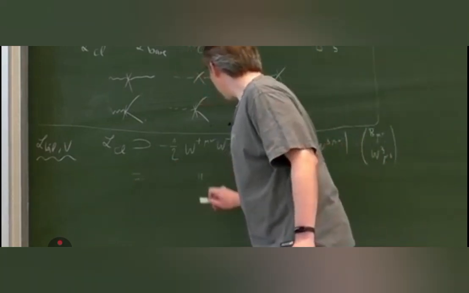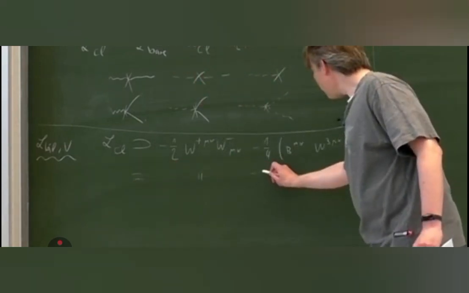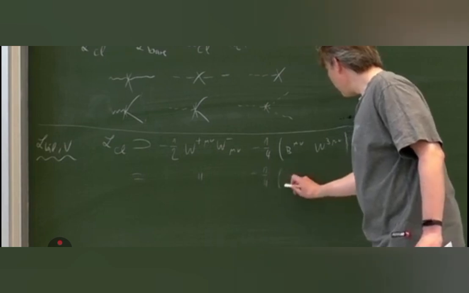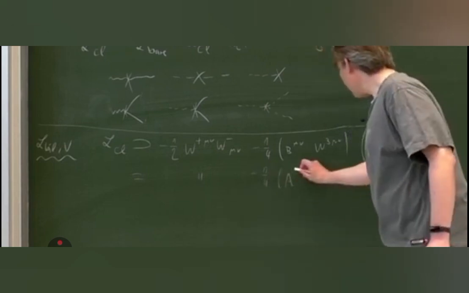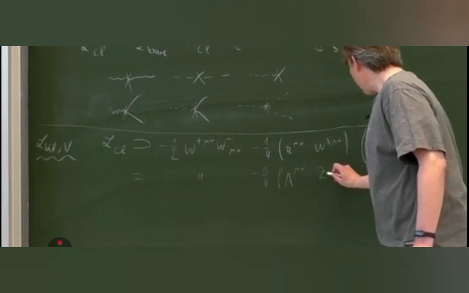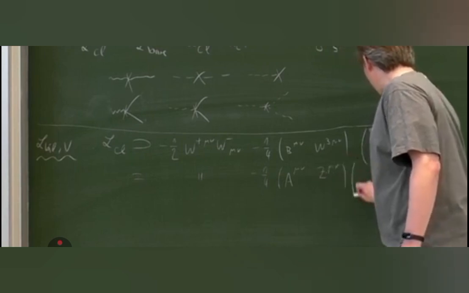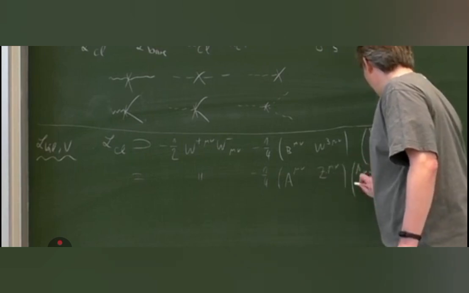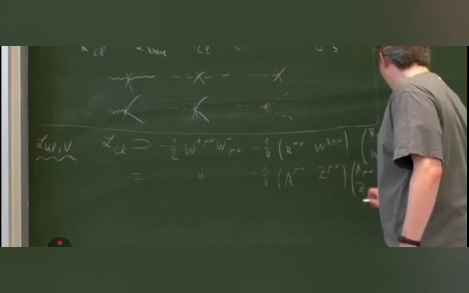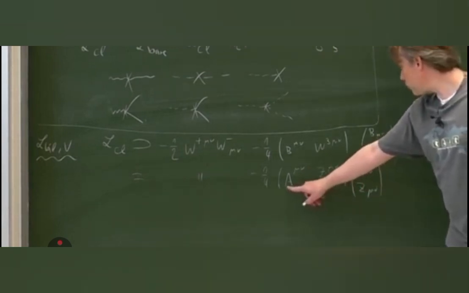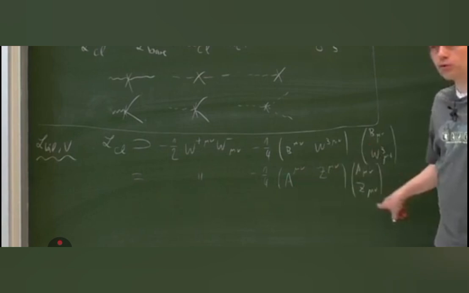And that could be equivalently written as the same thing, minus 1 over 4 times field strength tensors for the photon and the Z, A mu nu and Z mu nu. I write it already in matrix notation, but this just means A mu nu times A mu nu plus Z mu nu times Z mu nu.